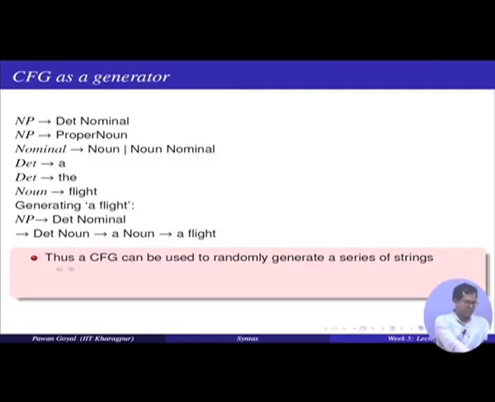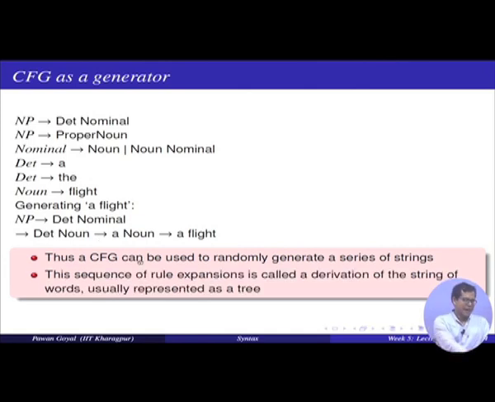And now you can do it for any sentence. You can define a grammar for a sentence and generate sentences from that. So what we are seeing here is that you can use a context-free grammar to generate a series of strings. The sequence of rule expansions, starting from NP going to determiner nominal, then determiner noun, then a noun and a flight, is called the derivation of the string using this grammar, and we use a tree structure to represent this derivation.